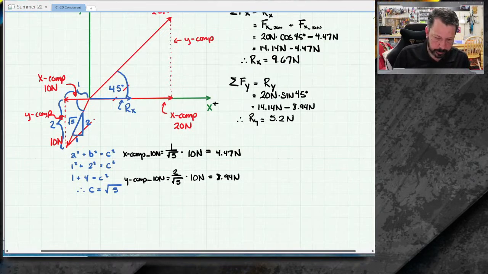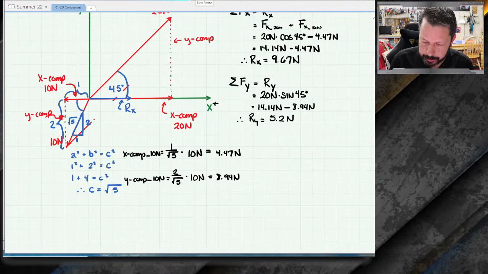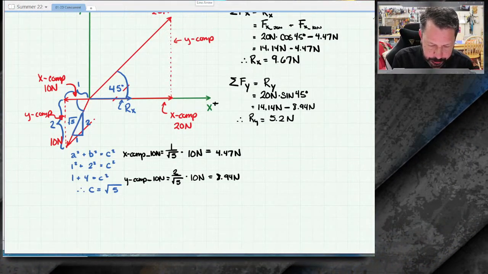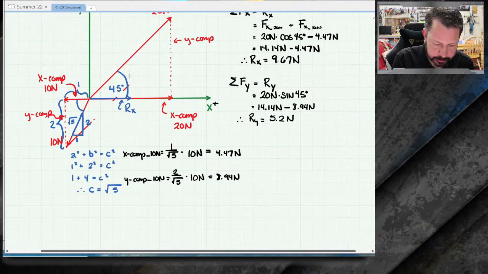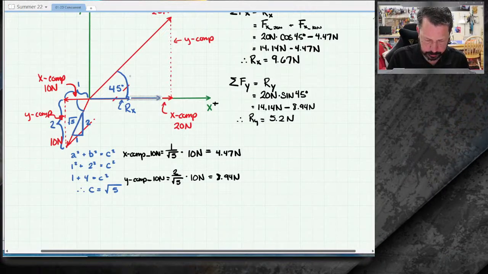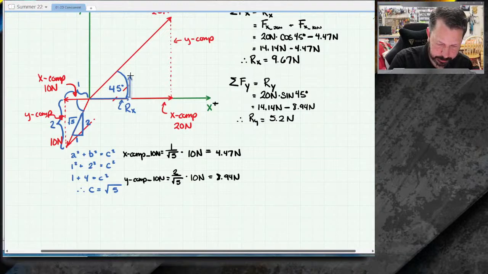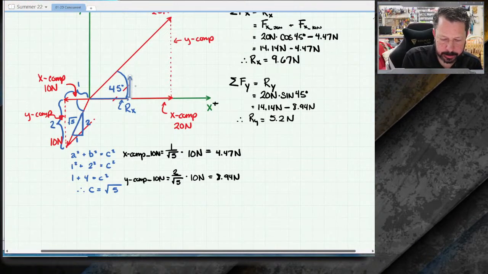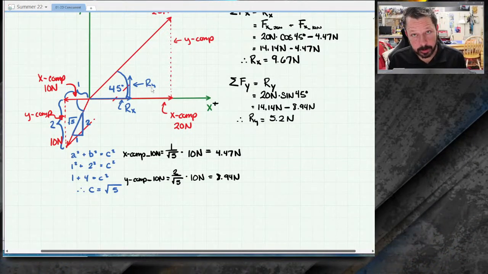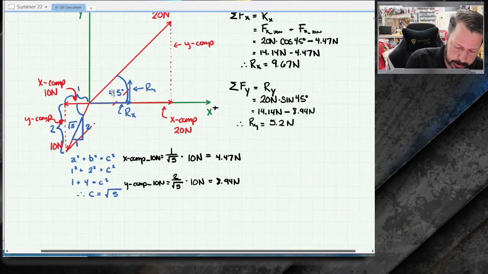So now if I draw my little y component of this thing, 5.2 newtons, it looks like if that was 20, then it's going to be about here. About there. So that would be Ry. And R, the actual magnitude of the resultant, is this guy.